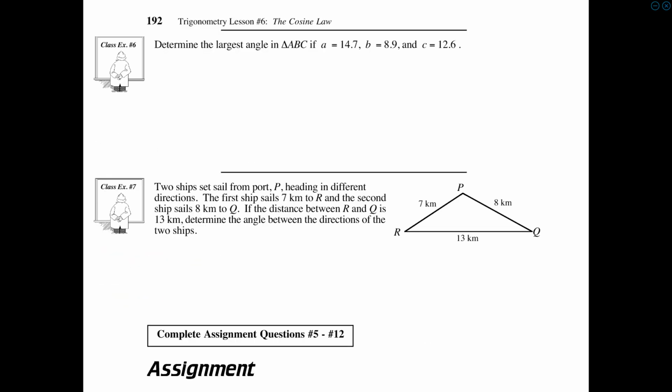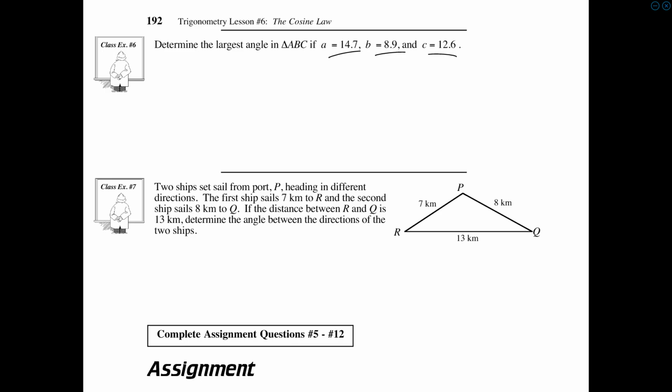Okay, so looking for angles, I have these three sides, A, B, and C. Does anyone know which angle will be the biggest, and which side it will be opposite? Will the largest angle be opposite the biggest side or the small side? Biggest side.